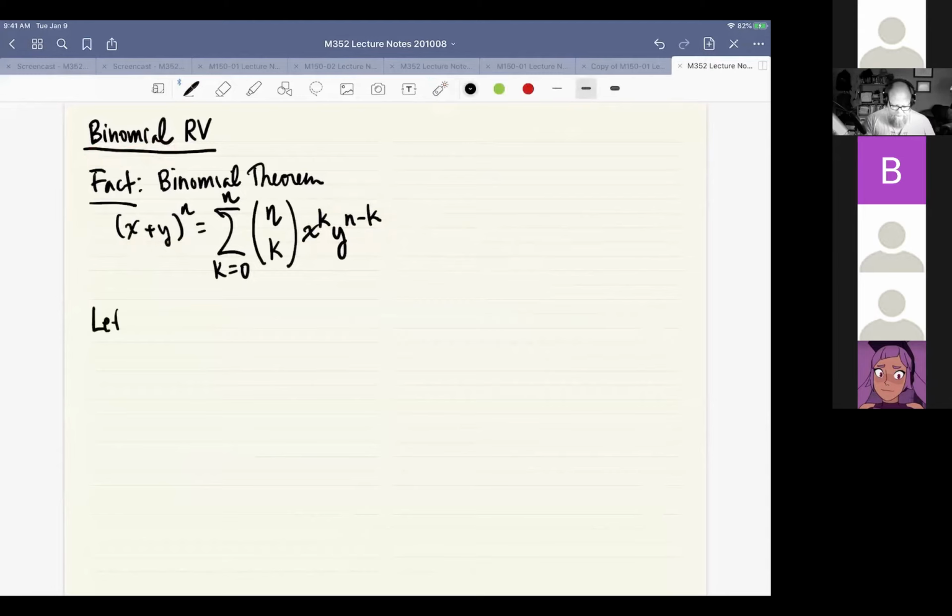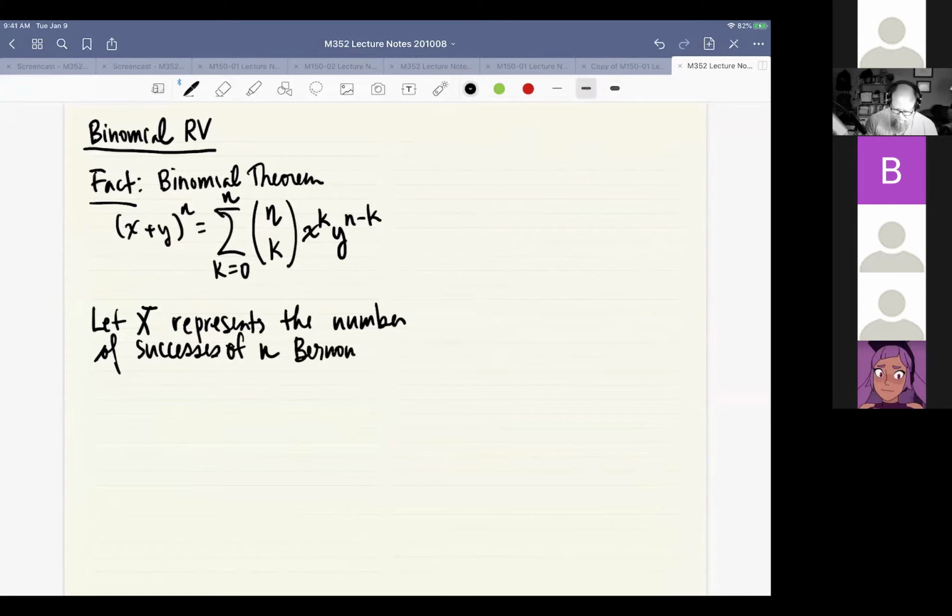So let's let x be a random variable that represents the number of successes of n Bernoulli trials, which have a probability p of success.